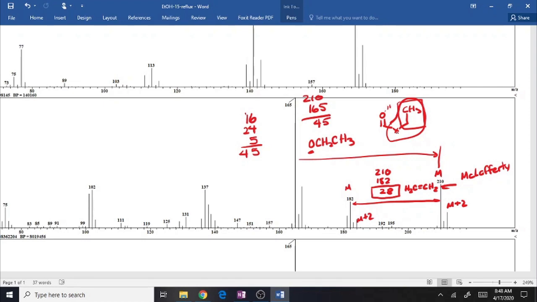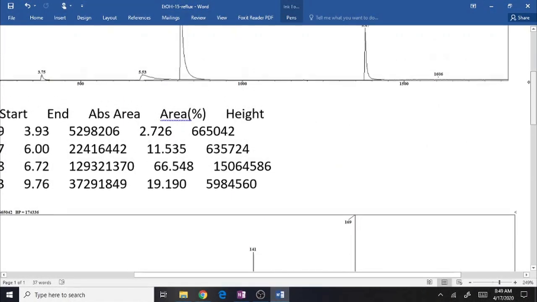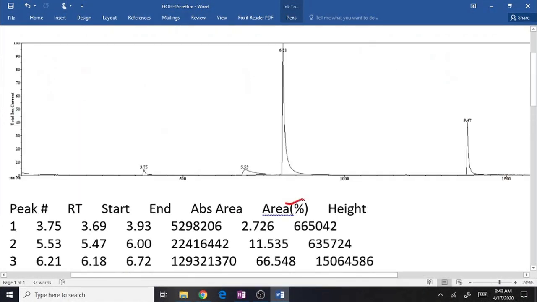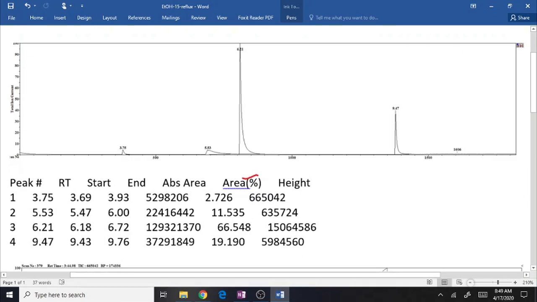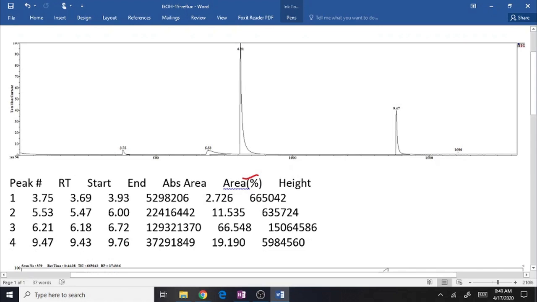So you should be able to interpret mass spectra for your final exam. In addition, you should be able to use a gas chromatograph or mass chromatogram to identify various peaks that you may have and use that for some of the calculations.